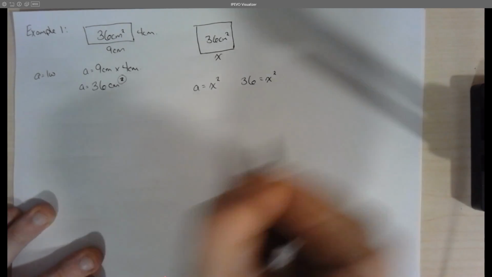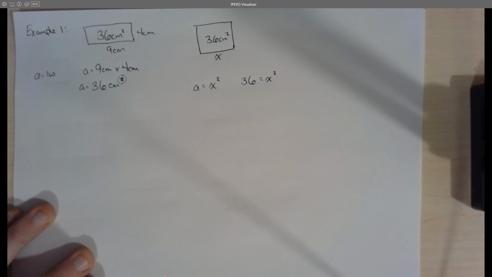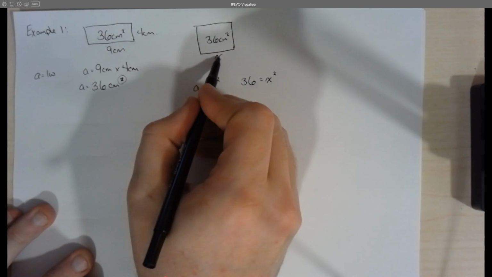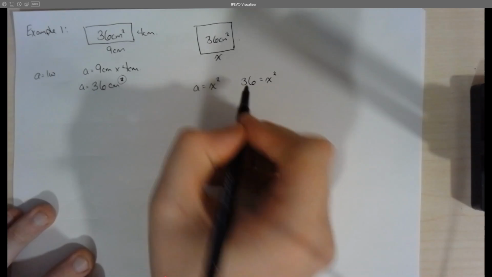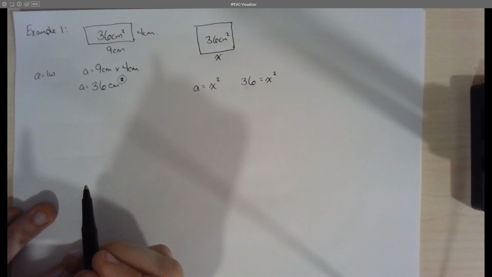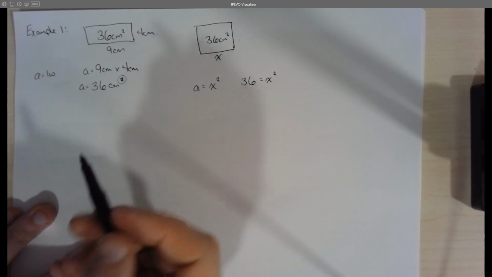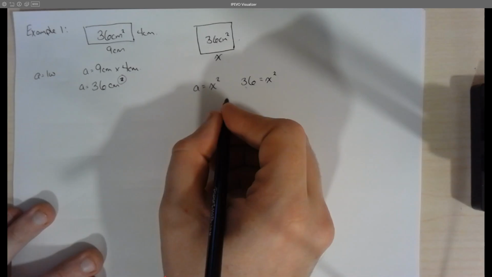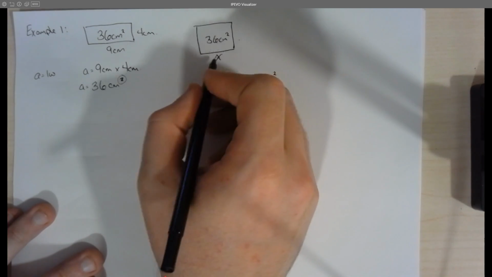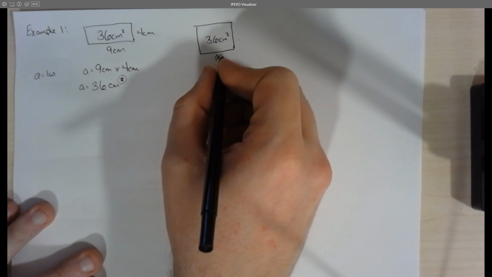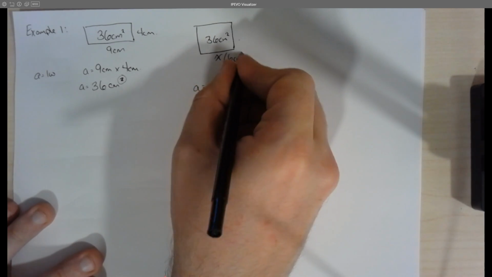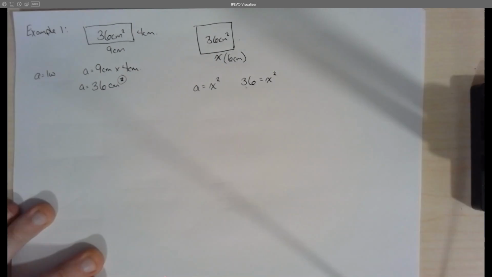So 36 equals x squared. I need to figure out what number times itself, or squared, is going to give me 36. And it might take you a little bit of thinking to get there, but eventually you'll figure out that the number 6 times 6 is going to equal 36, which means that our side length of our square has to be 6 centimeters.